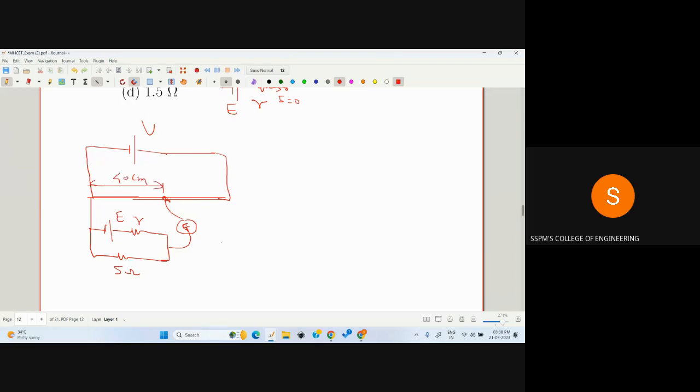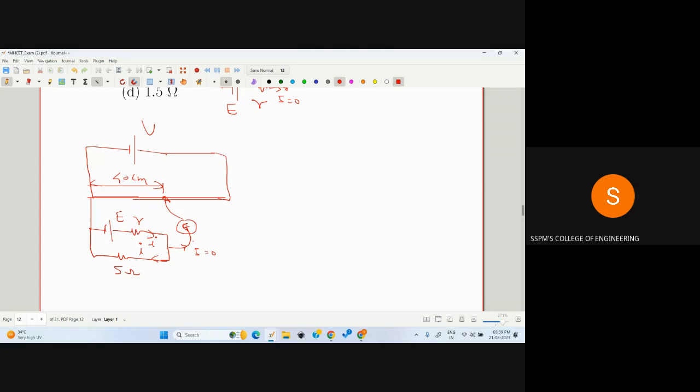Now how much current is flowing through the galvanometer? I is equal to 0. But this circuit is a closed circuit. The current, let's consider small I, will flow through 5 ohm and small r. The same current will flow in the 5 ohm resistor, in the small r resistor, and the battery cell.